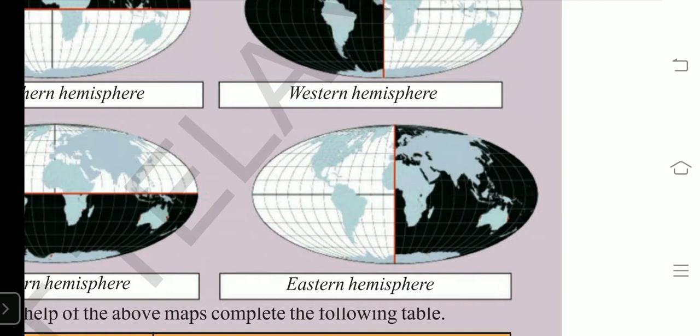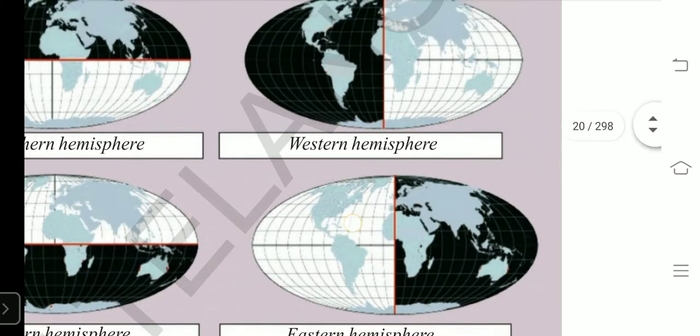So the prime meridian, that is the Greenwich meridian, is 0 degree longitude. Dear students, there are three names: Greenwich meridian, prime meridian, and 0 degree longitude. So this is the line that divides Earth into two equal halves, right?